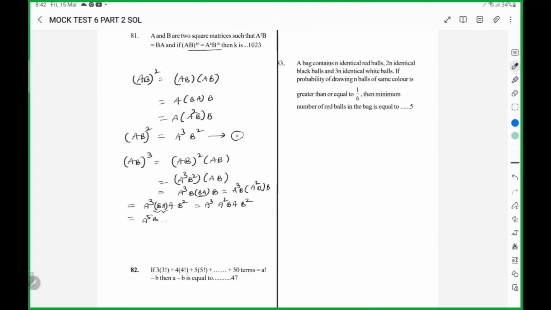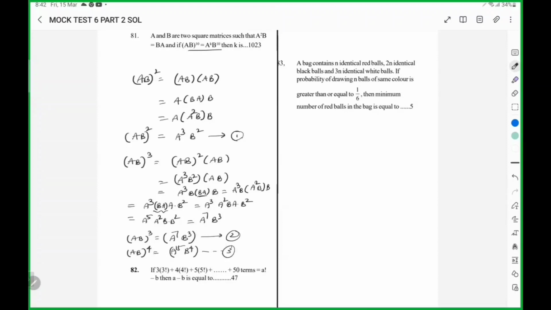BA is again A square B into B square, which is A power 7 B cube. This is another relation, A power 7 B. Similarly, if you find power 4, you get A power 15 B power 4.